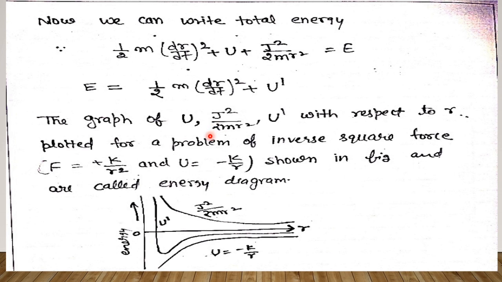U' is positive when J²/2mr² is greater than U, because U can be positive or negative but this term is always positive. If U' is negative, then J²/2mr² is less than U. So the sign of U' depends on the relative values of U and J²/2mr².